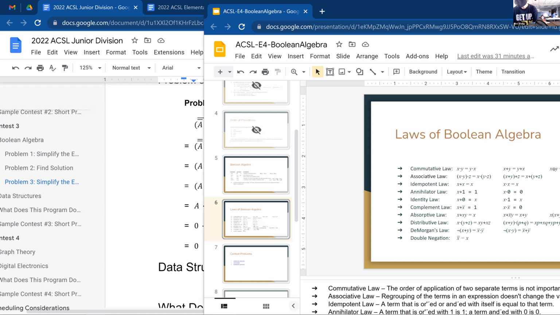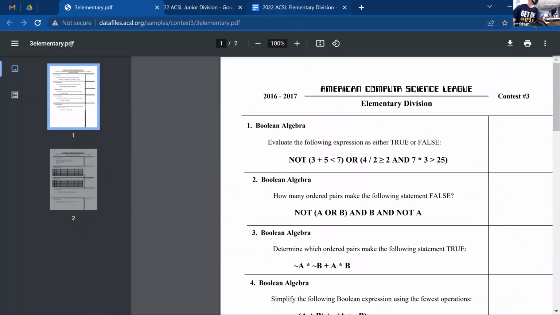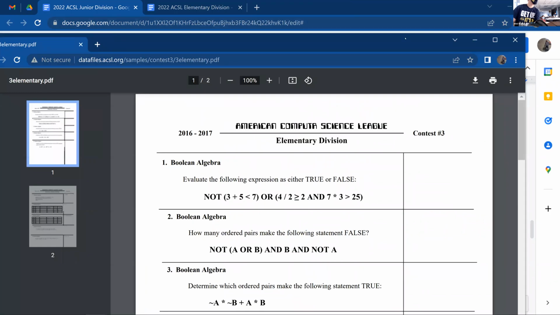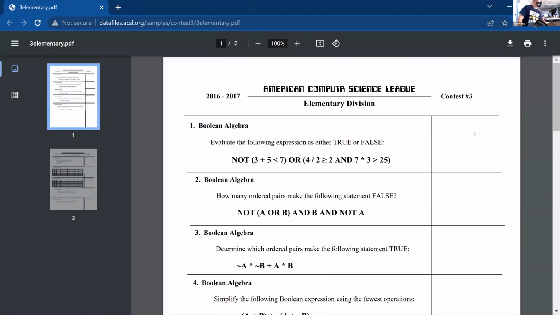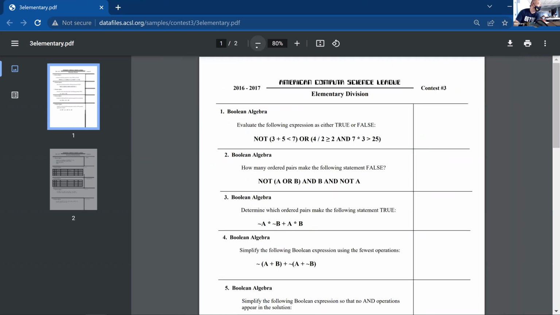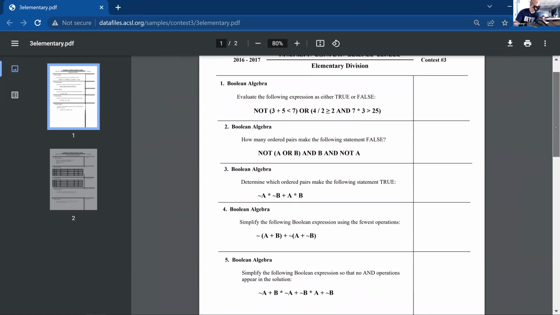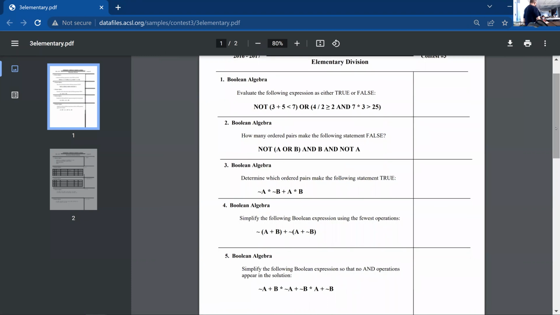Sorry, guys. Okay, here. So these are some problems. Make it a little smaller. Okay, Boolean algebra problems.